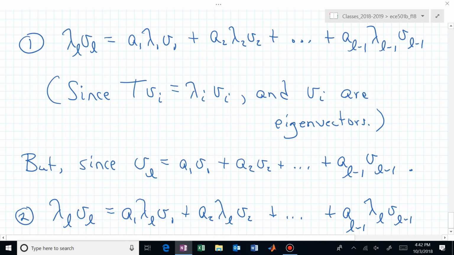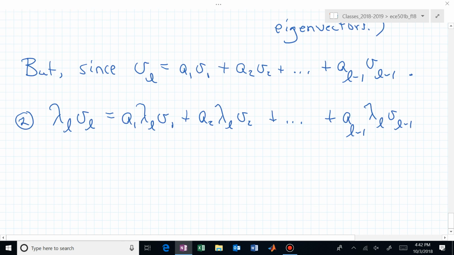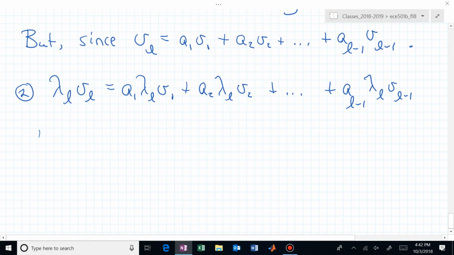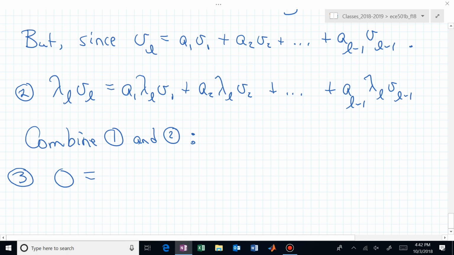And now that gives me something nice on the left-hand side: 0. And that's going to give me equation 3, which now is 0 on the left.